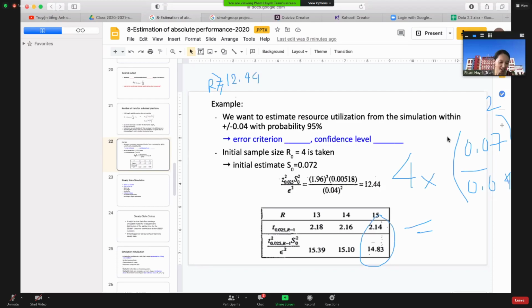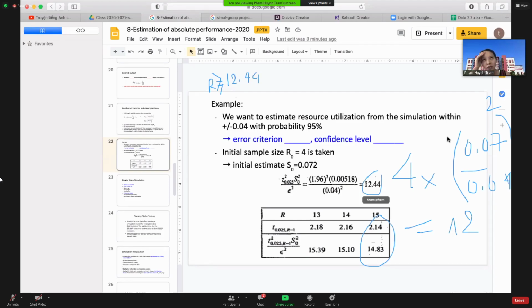All right. And the equation we use gives around 12 times. So it still gives us a close, quite close number.